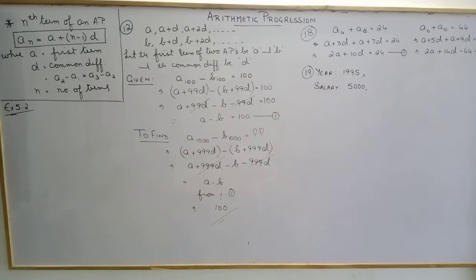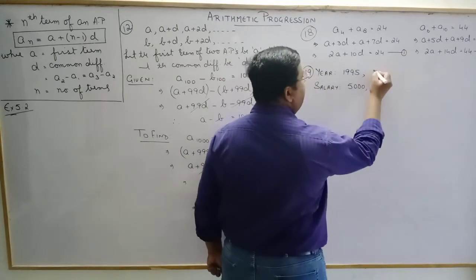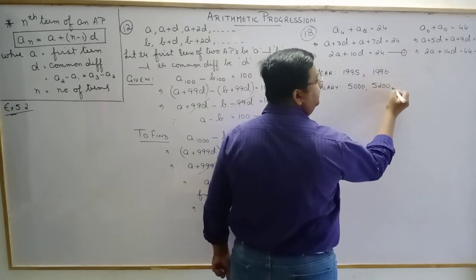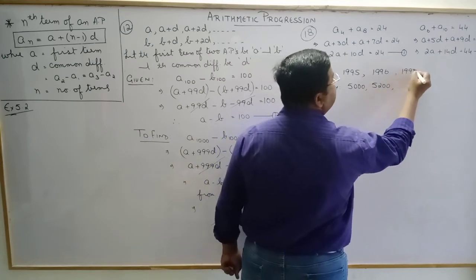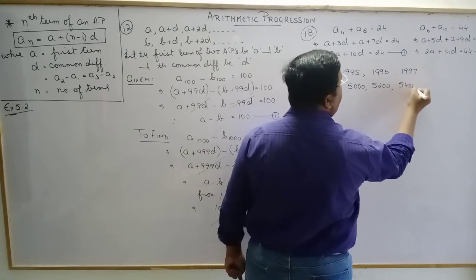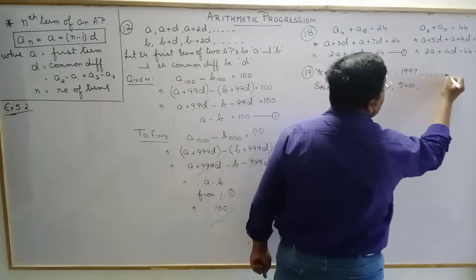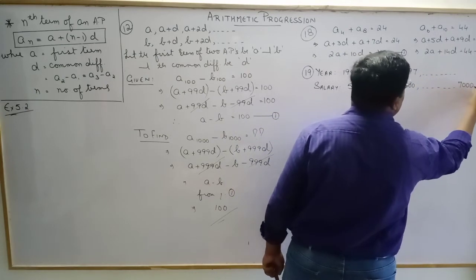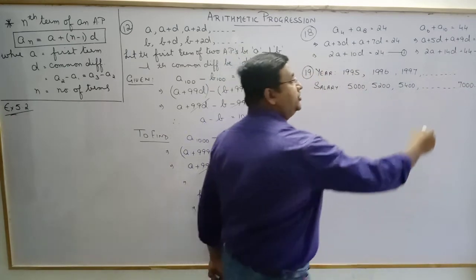Every year he received an increment of how many rupees? 200. So that means in 1996 his salary was 5,200. In 1997 his salary was 5,400. Yes or no? The question says, in which year his salary becomes 7,000?